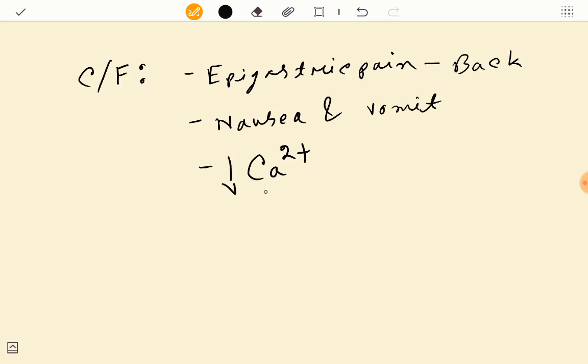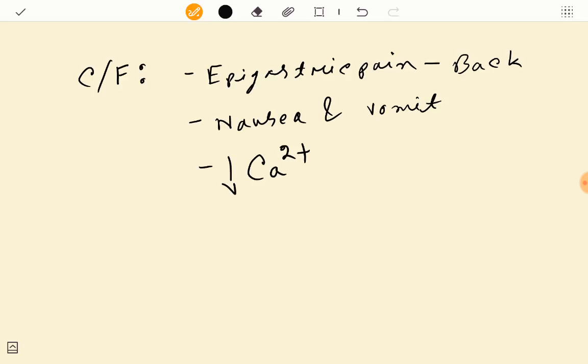Then fat necrosis will occur, and fat necrosis will consume the serum calcium, and the serum calcium level will decrease. I told you that this decreased serum calcium level indicates the severity: the pancreas not only digests its central part, but also the peripheral fat area.